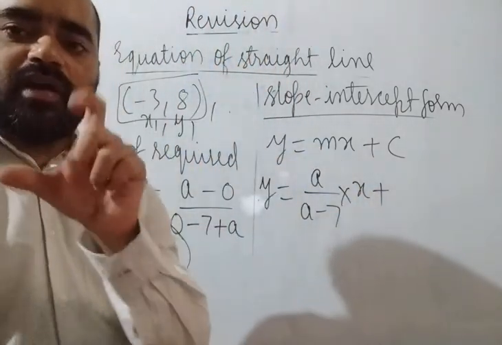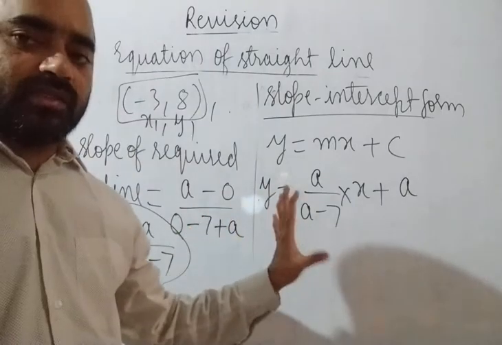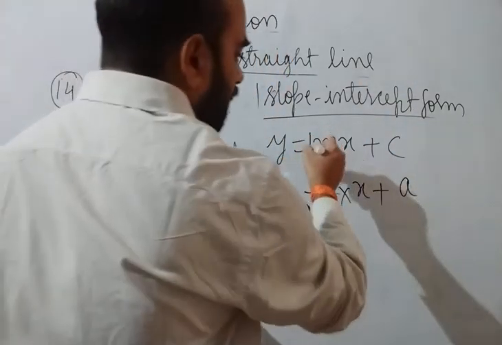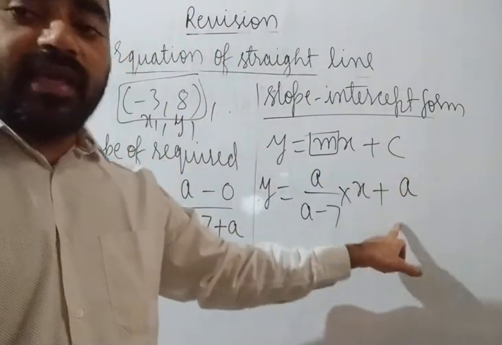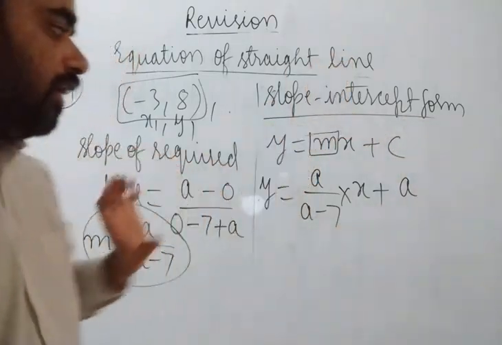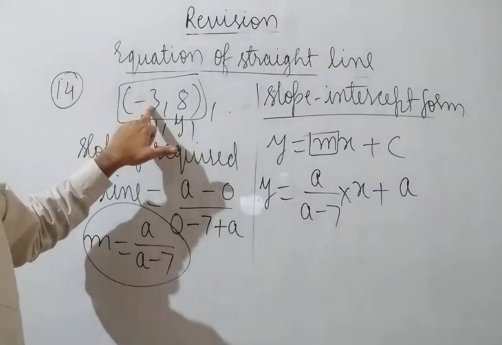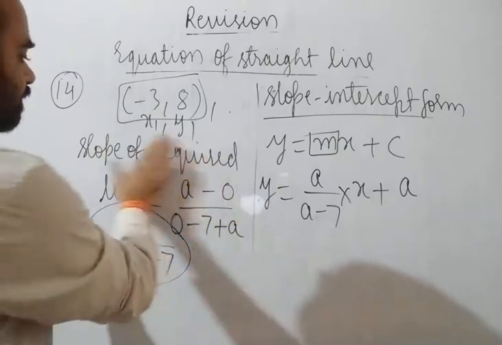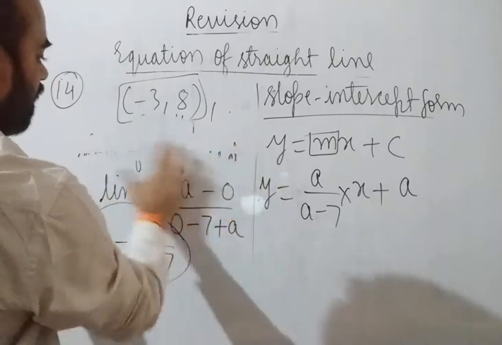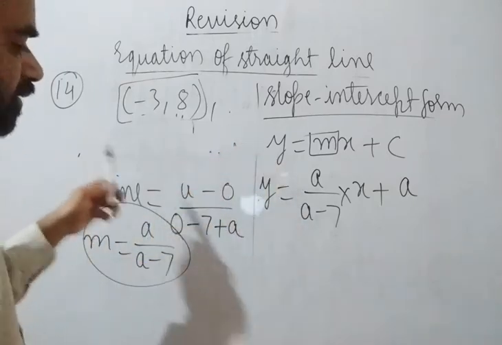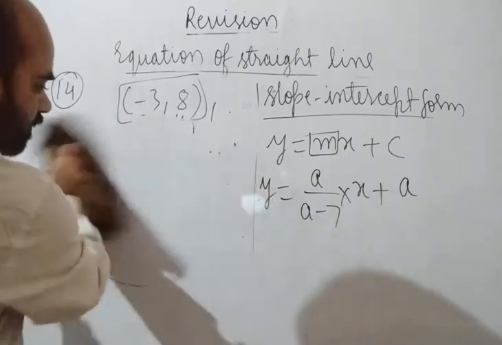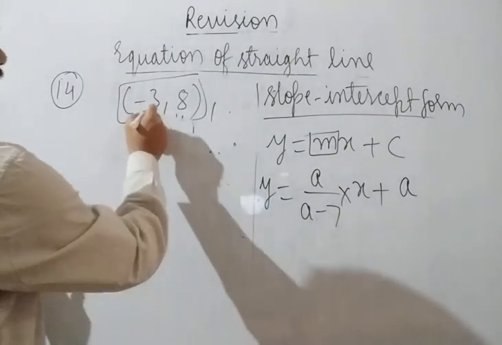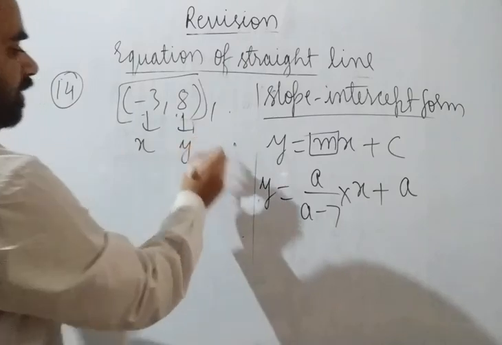We have taken the y-intercept as a. This method is best. Why? The slope we have already calculated, and the y-intercept, c, we have already taken as a. Now the line is passing through (-3, 8). It means x will be replaced by minus 3 and y will be replaced by 8.